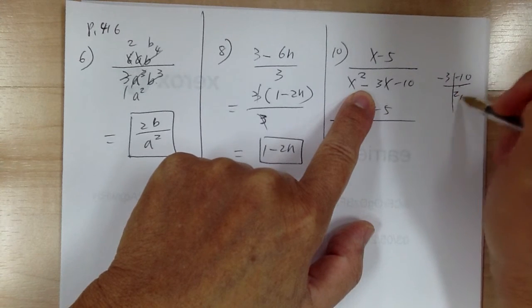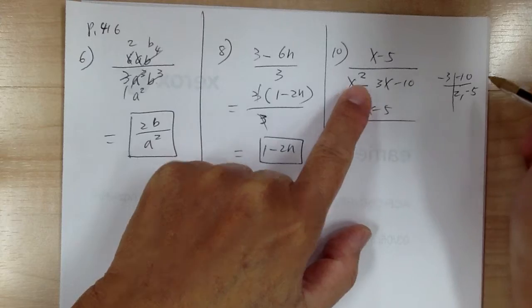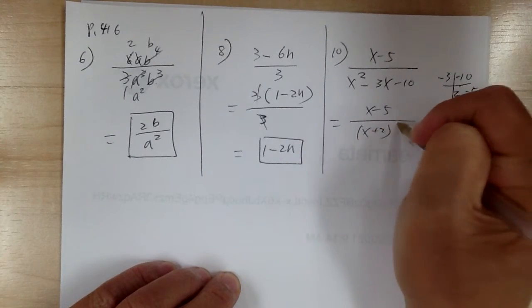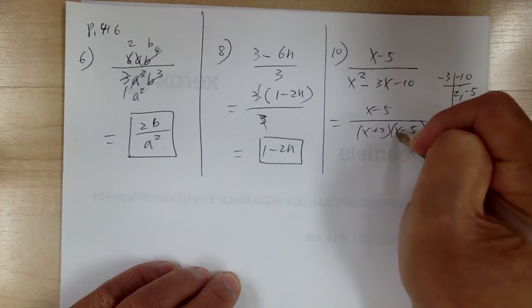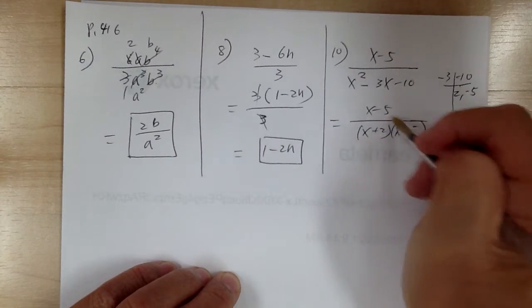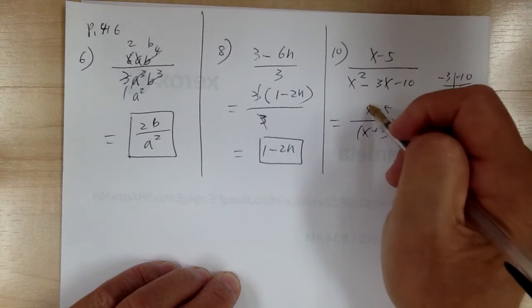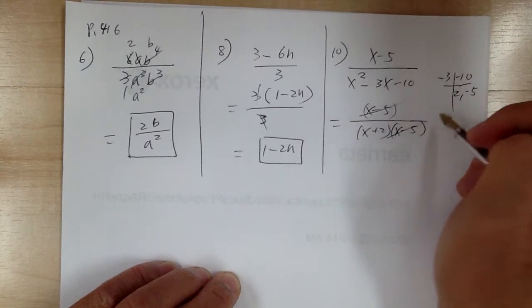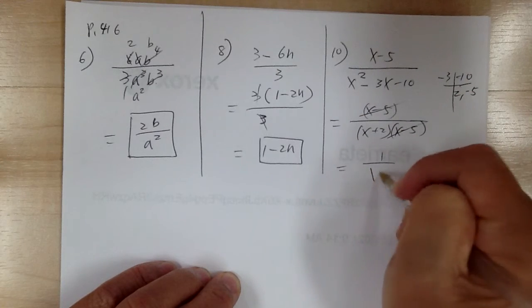You're going to get 2 comma negative 5, and so you get x plus 2, x minus 5. Normally, this is your clue: you will have one of the same factors, so you can cancel. When you have terms, you have to cancel the whole thing. So this cancels with that, and you're going to have 1 over x plus 2.